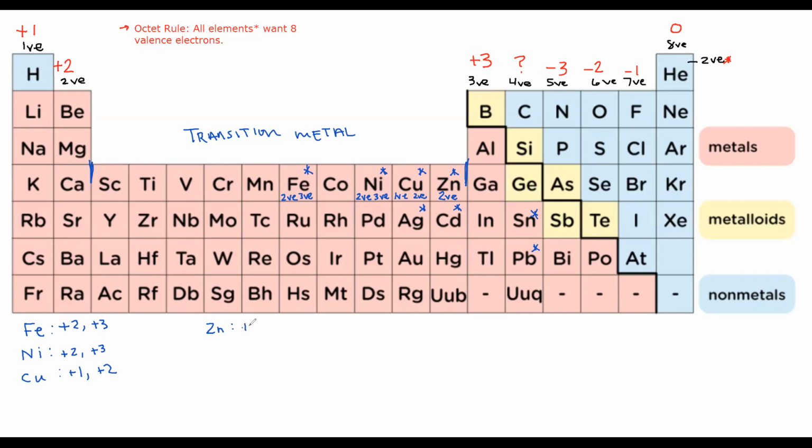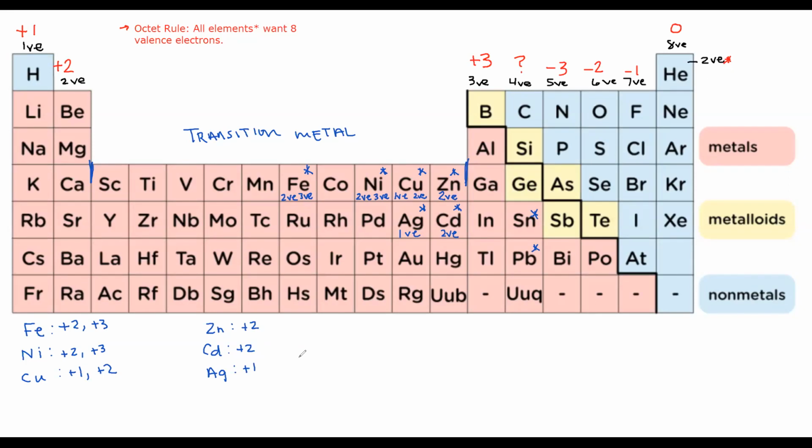So it's kind of a transition metal that can't change. It'll always have a charge of +2. The same is true for cadmium. Cadmium can only have a 2 valence electron configuration. So cadmium will always be a +2 ion. And then silver can only ever have a 1 valence electron configuration. So silver would always form a +1 ion.